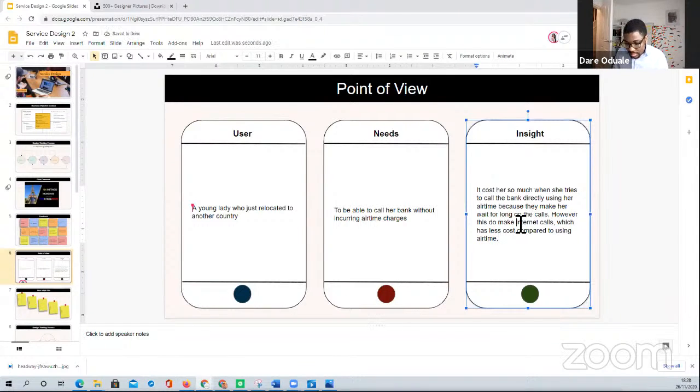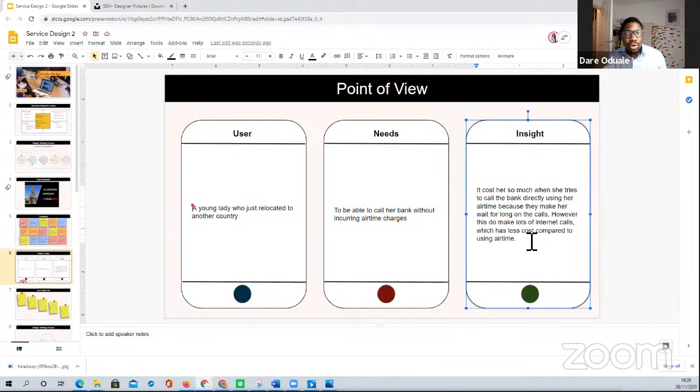She makes lots of internet calls. Why this insight is relevant is that we know this type of user is already familiar with making internet calls. So if we design an internet solution for this person, then it works. That's why the insight is there.